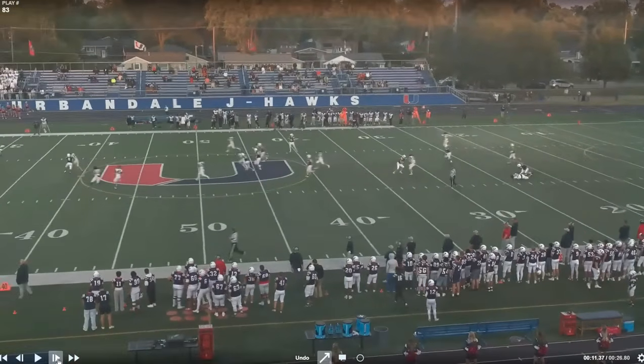So if we had this first one right here as during the kick, this guy's just starting to get in our picture here with the return. Let's say he caught it at the 30 and is now starting his return. If we have this as during the kick, we would want to enforce this penalty and decline the one that happens later. The reason why is this one would be enforced from the end of the kick, the 30 back to the 15.